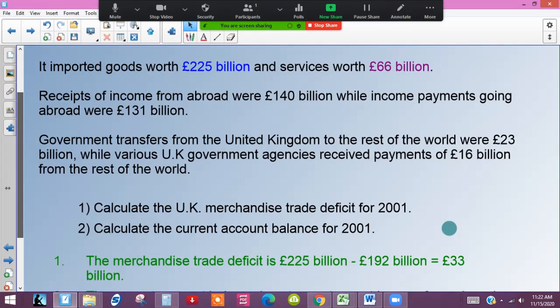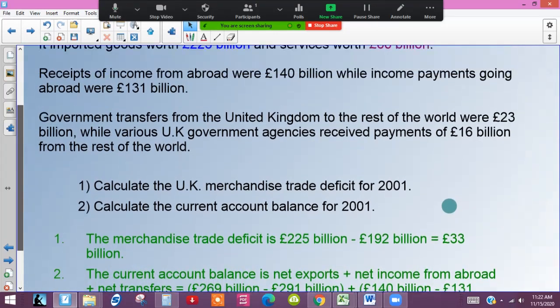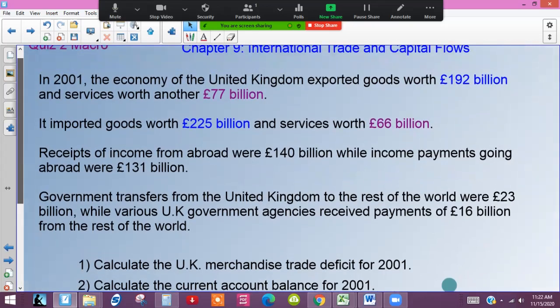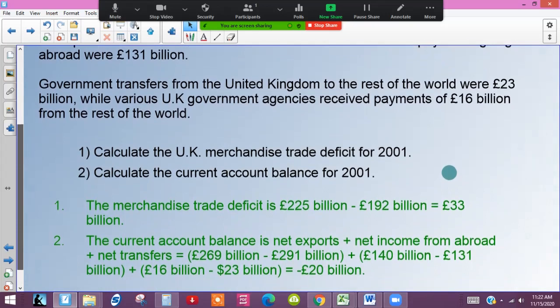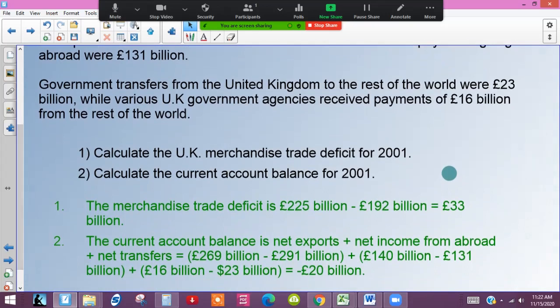So the current account balance is going to be the net exports, which is exports minus imports, plus net income, which is income coming in minus income going out, and then net transfers, which is transfers coming in minus transfers going out. So anyway, let's look at how we did this.